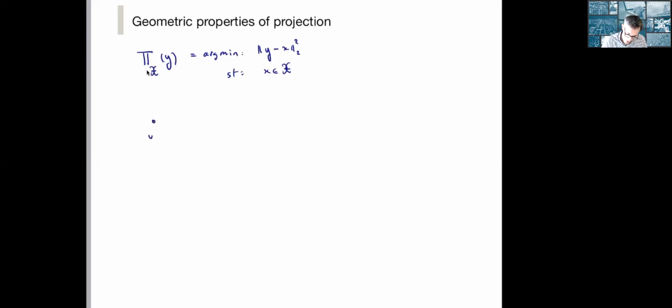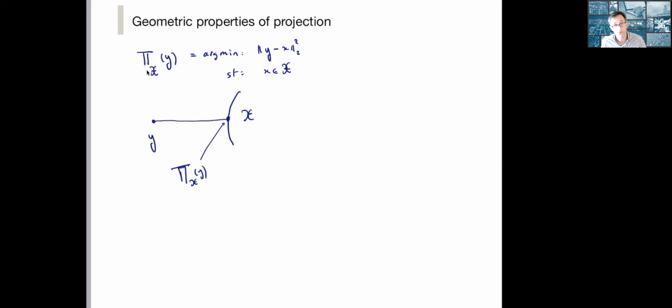So in other words, if this is y and this is my set x, then this point here I'm denoting with this notation as the projection of y onto x. So we have used optimization and not some other property of projection in order to define this.